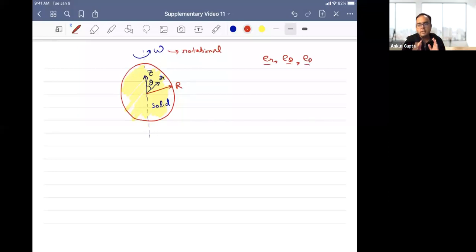I want to be very clear that the r direction is radially outward. If your center is 0, in the middle, you go in the radial direction, outwards. Phi is in the xy plane. So if my sphere is like this, with z in this direction, the xy plane is the phi direction in which you are rotating. So I'm rotating in the phi direction, because I'm rotating about z. Theta is this direction. So theta is basically like this.